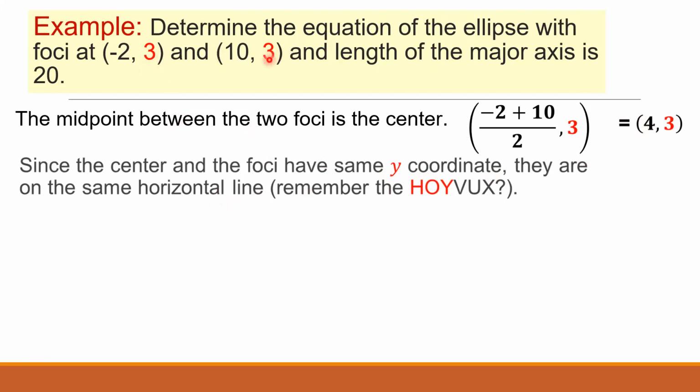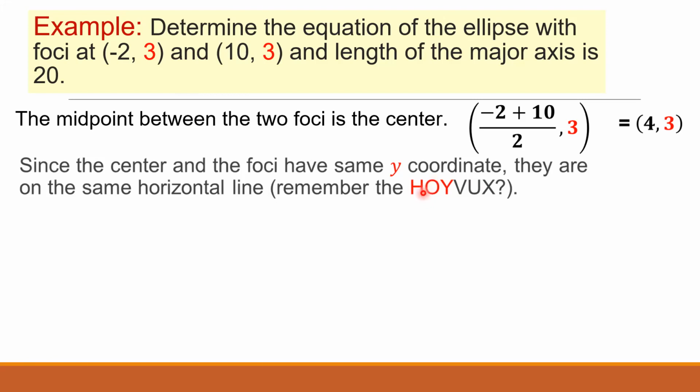Kasi same y, we're moving along the x values lang. No? So, ibig sabihin, y is held constant. We have a horizontal. Remember the Hoy-Vooks, no? Horizontal line, zero slope, y is constant. Vertical line, undefined slope, x is constant. So, ito, y constant, horizontal ellipse, horizontal major axis.